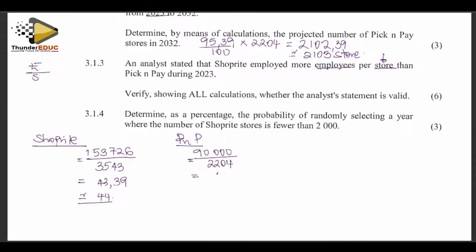So we divide by that. And we ended up having 40.83. Since these are human beings, we have. So they are saying, analysis says, verify showing calculation whether the analysis statement is valid. It says that ShopRite employed more. So the statement is what?